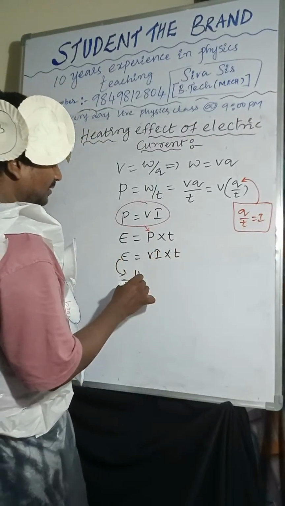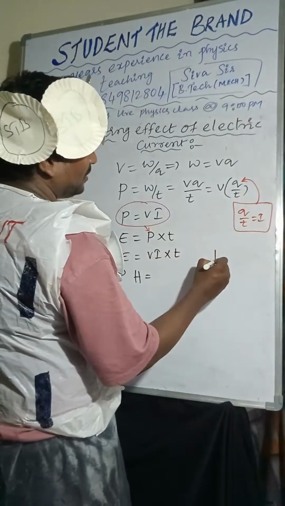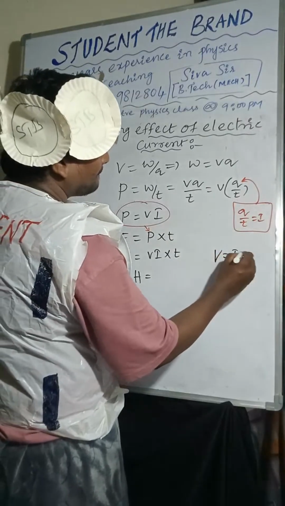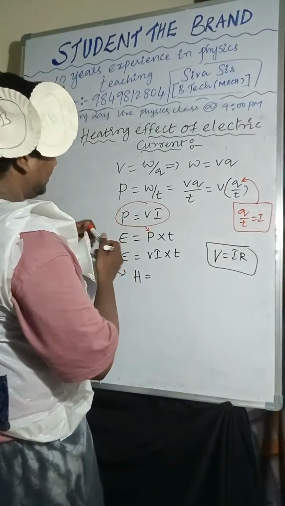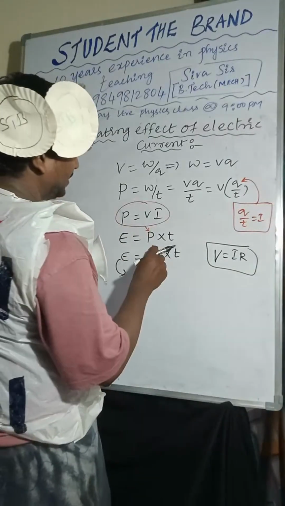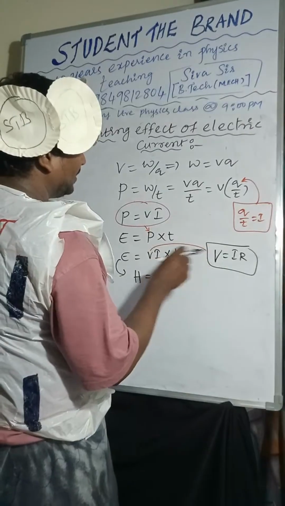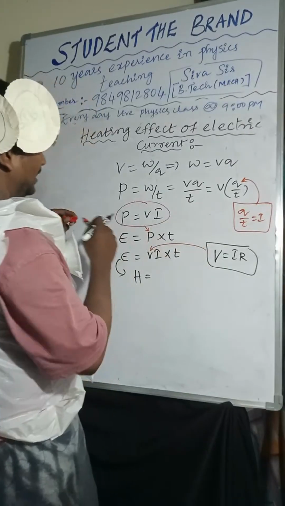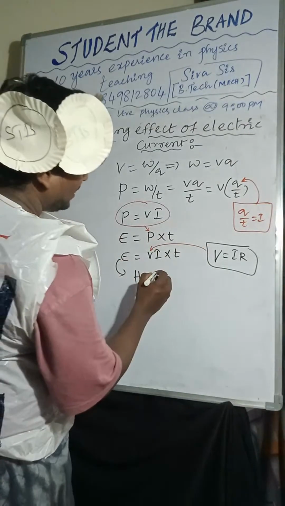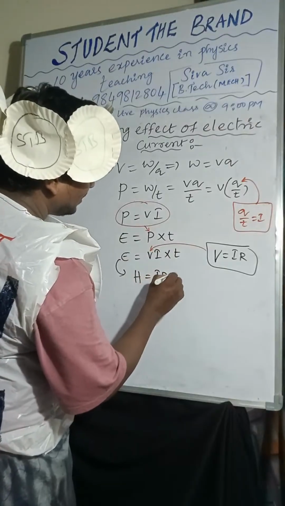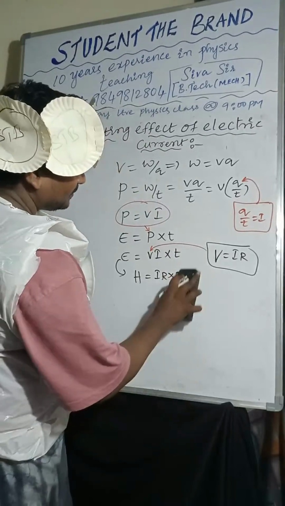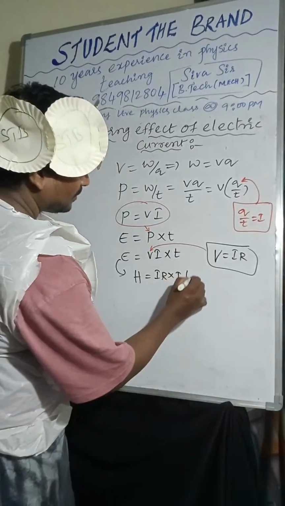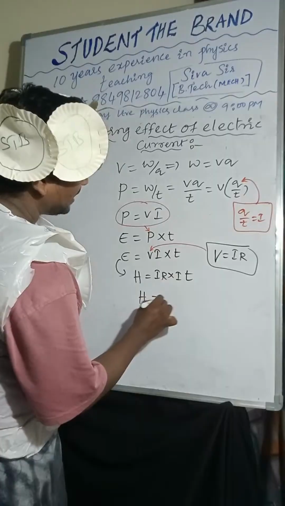So heat H equal to, V equal to IR, so in the place of V, I'll substitute IR. Now you can see IR into I into T. So H equal to I square RT.